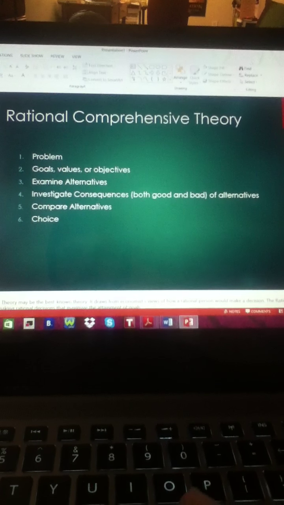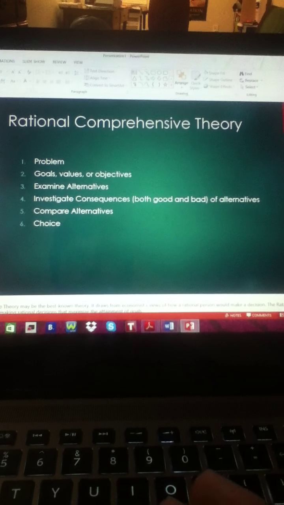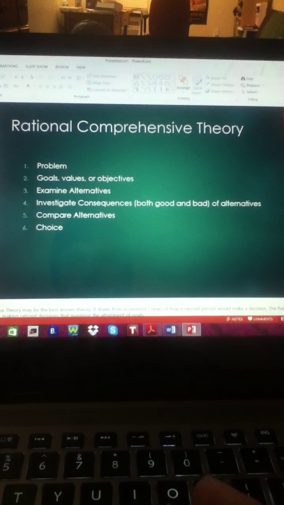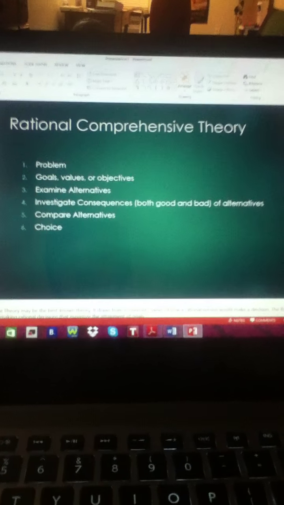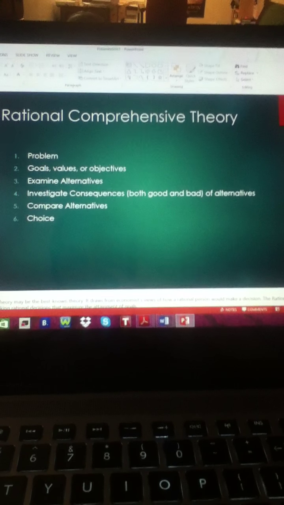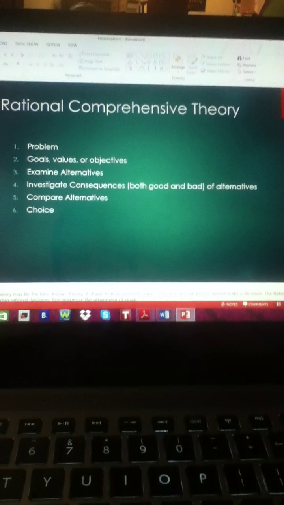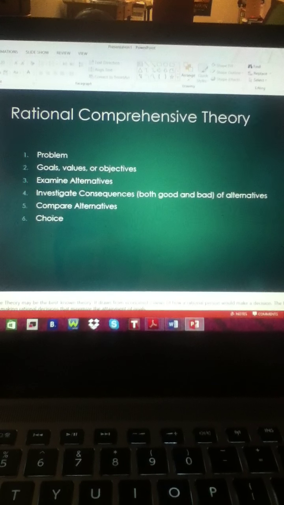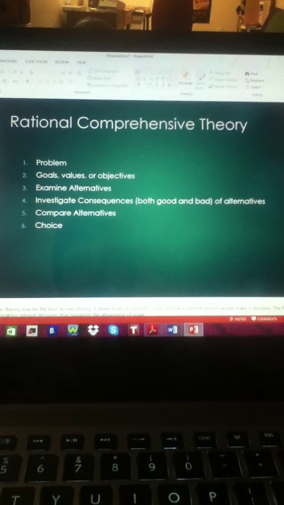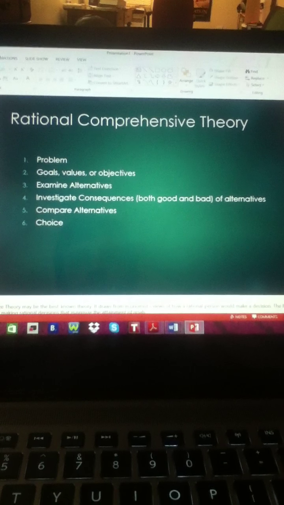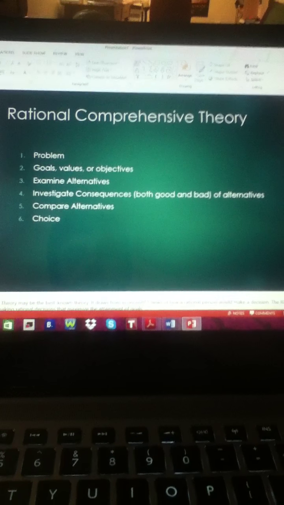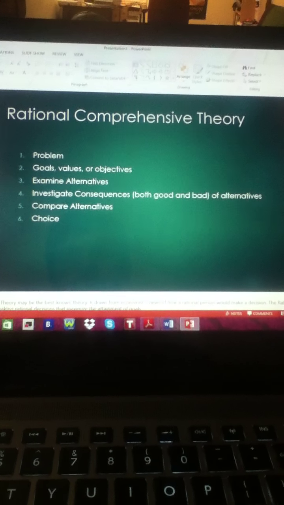Then they evaluate the goals, values, or objectives. Next, they examine alternatives to solving the problem. Then they investigate the consequences, both good and bad, of those alternatives. They weigh the options and compare the alternatives, and finally make a choice on which policy to adopt.